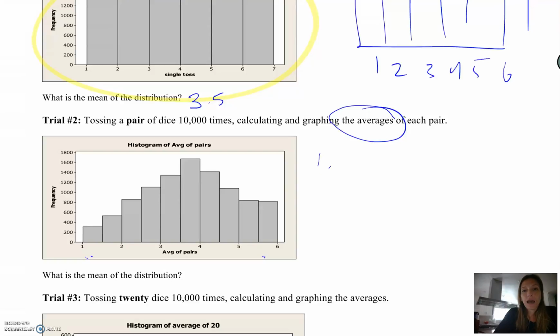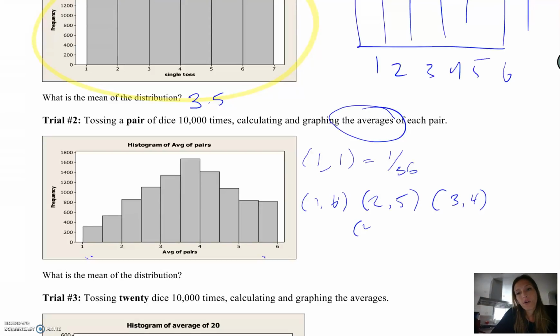The only way for that to happen is a 1 and 1 for the 2 rolls, which is a 1 in 36 probability. So that's going to be less likely than rolling a 3.5, which is 1 and 6, 2 and 5, 3 and 4, 4 and 3, 5 and 2, and 6 and 1. That is a 1 in 6 probability.